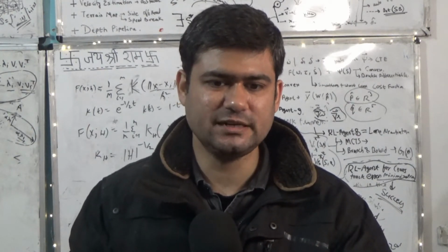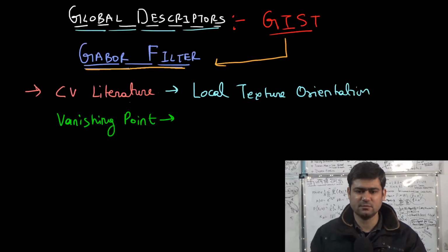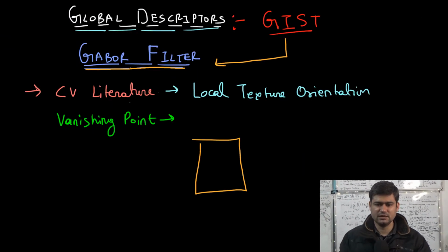To compute the vanishing point in an image, let's suppose you have an image with perhaps an off-road or an on-road scenario, and you want to compute the convergent point of these two edges of the road. So this is the vanishing point.